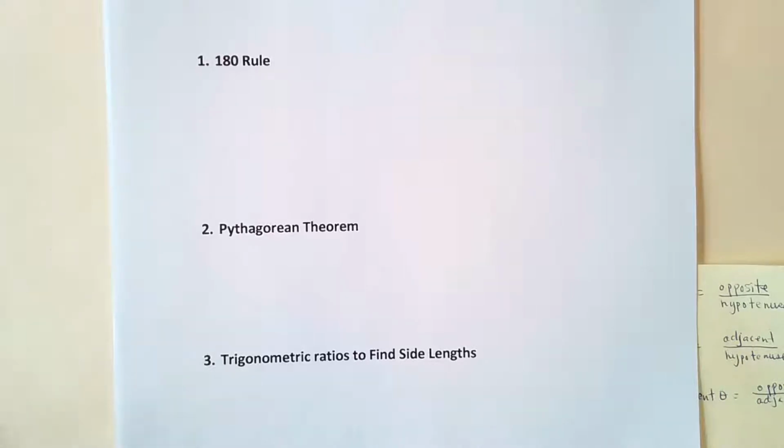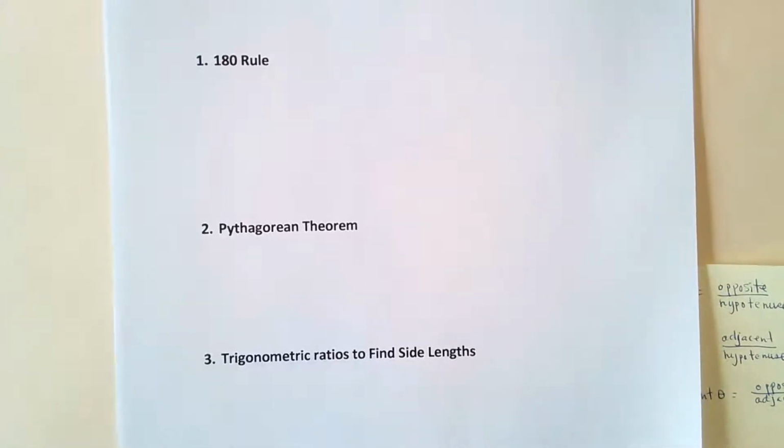And then we used the trig ratios, sine, cosine, and tangent, to find side lengths. And in the last lesson we looked at the trig ratios to find angle measures. So let's go through each one of these in detail.